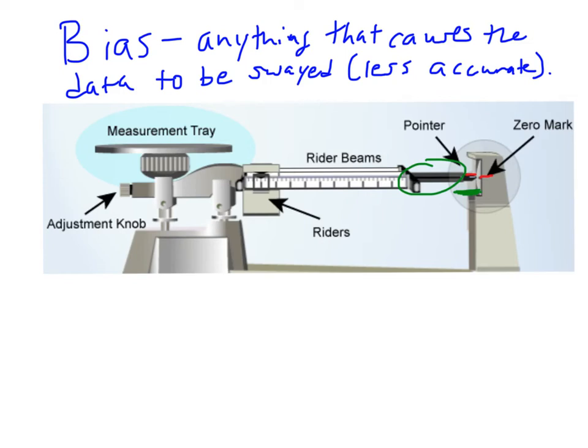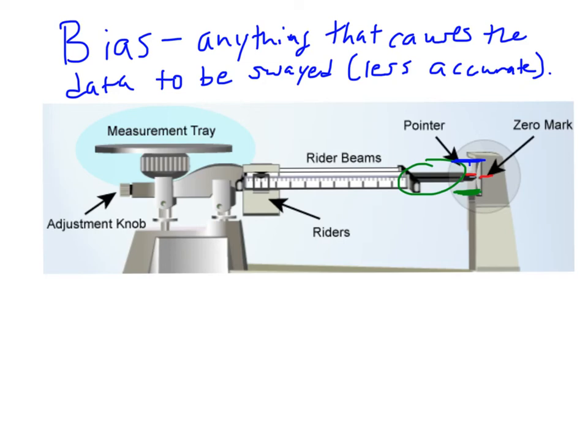So this is going to make any measurement that you take from this triple beam balance appear lighter than it actually is, and that introduces bias into your results. It causes them to be less accurate. Or the tray could start out at this level, and that would show that there is mass on it even though there isn't.